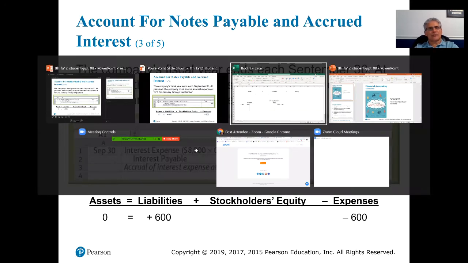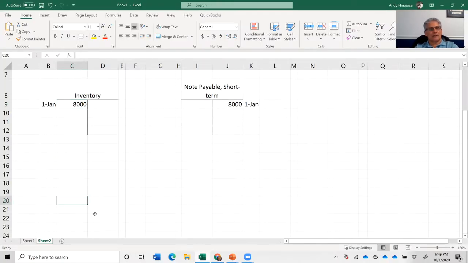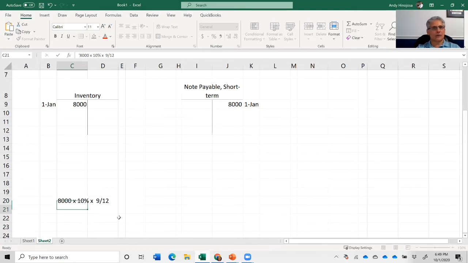So the way we compute that is we'll take the $8,000 and multiply it by 10%. That's going to give us a full year's worth of interest. But what we're looking for is just 9 out of 12 months. So it'd be 8,000 multiplied by 10% times 9/12.